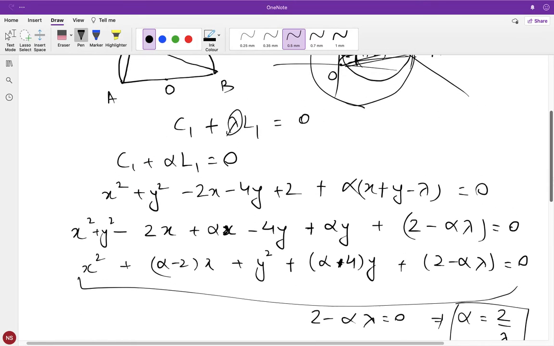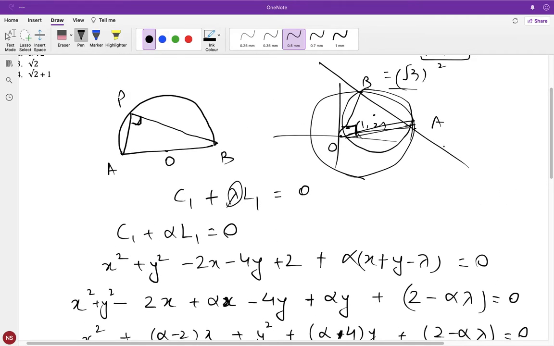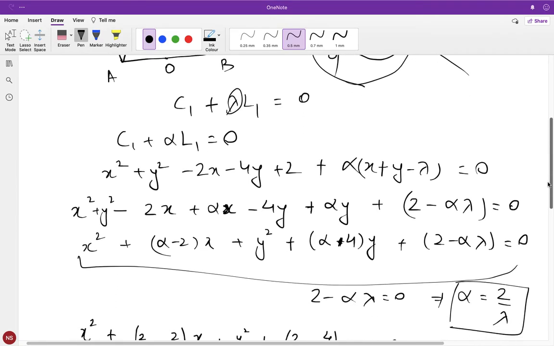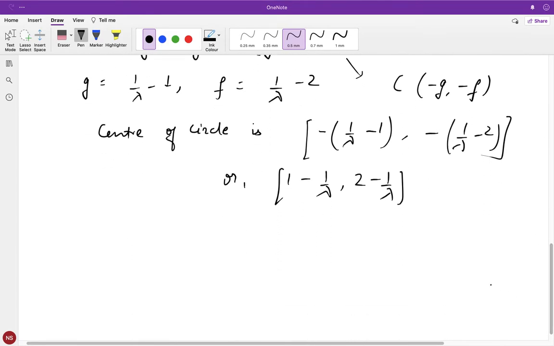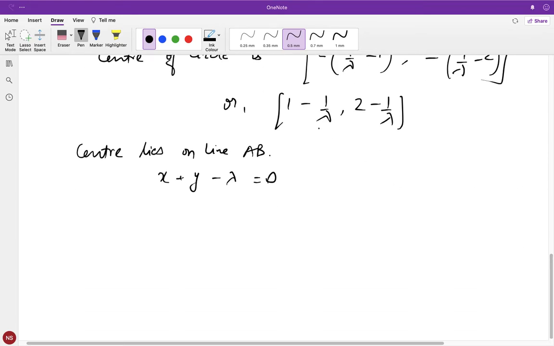So this is the center of the circle, which is given by this. And now we know that the center lies on AB, because AB is the diameter, hence the center must lie on that line AB. Line AB is given to me as x plus y minus lambda equals 0. So let us put this in place of x and this in place of y.